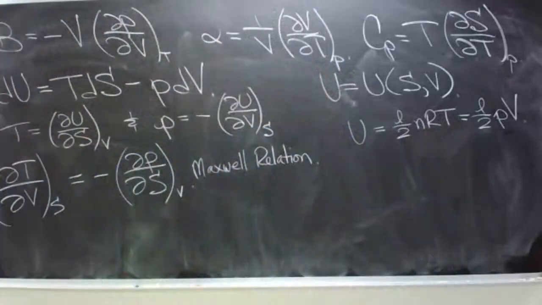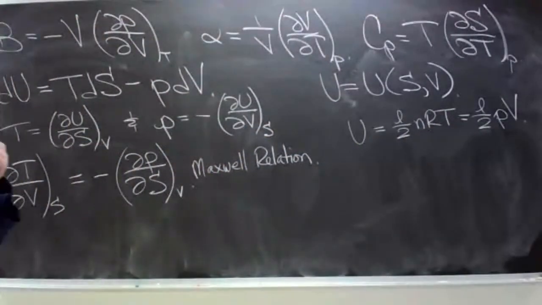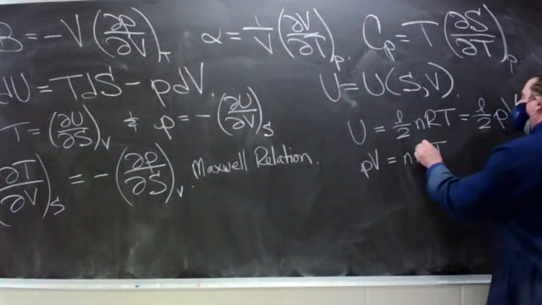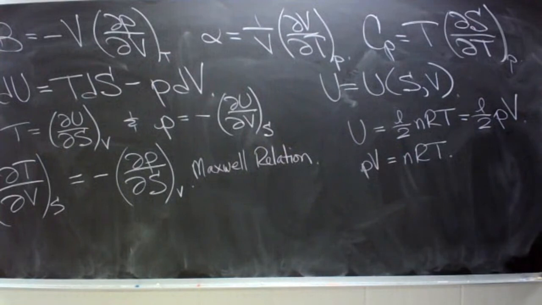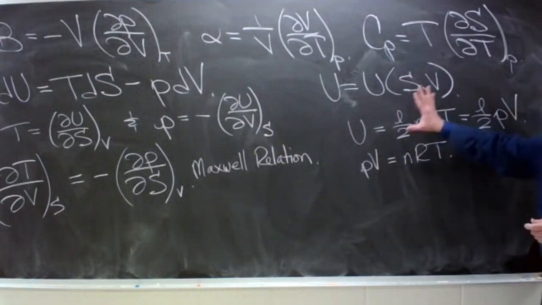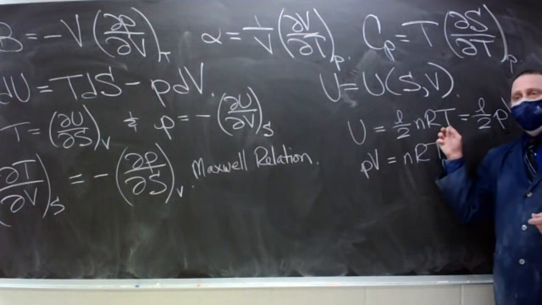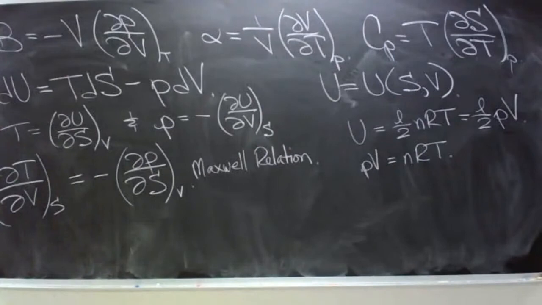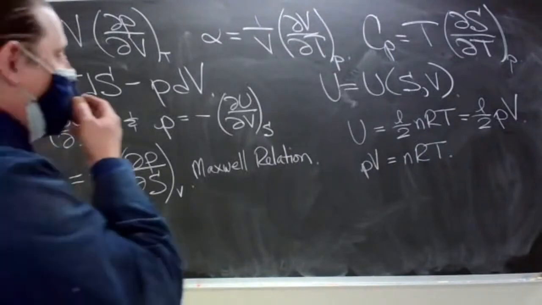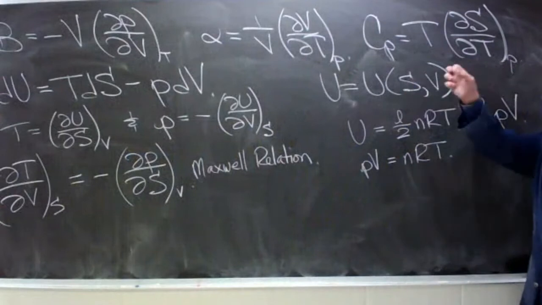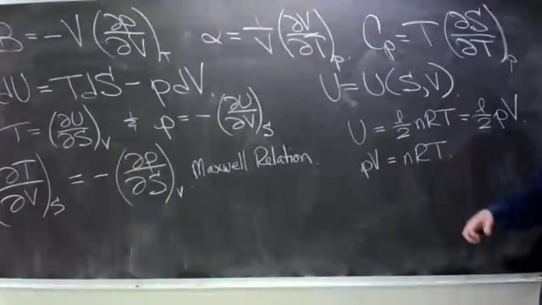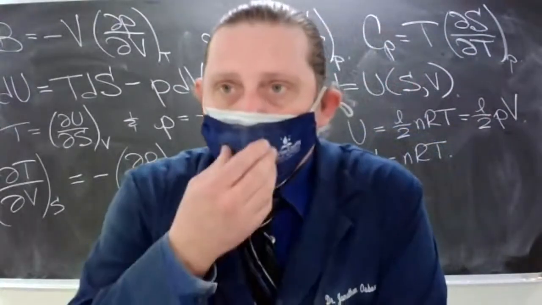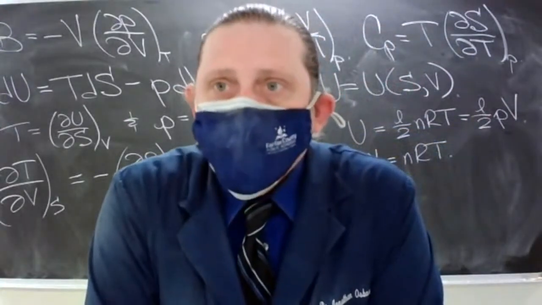And so what that means operationally is that I need to also be told the equation of state in order to get everything from this internal energy. If instead I had been told the internal energy as a function of its canonical variables S and V, the equation of state would be something that I wouldn't have to be told. It would come out naturally.